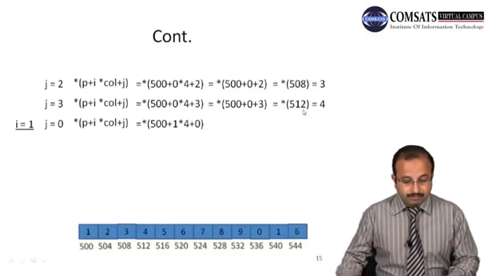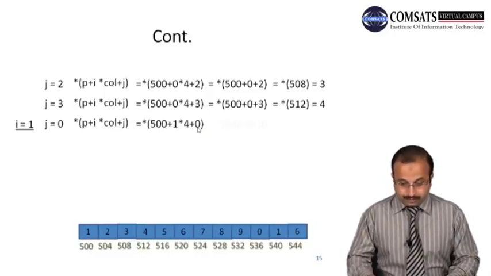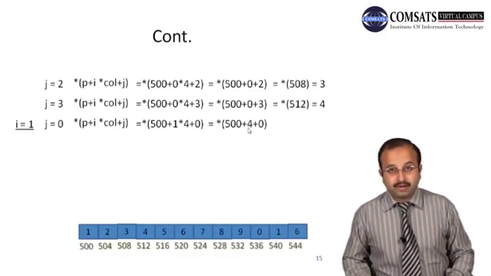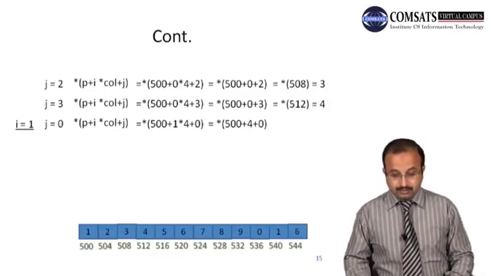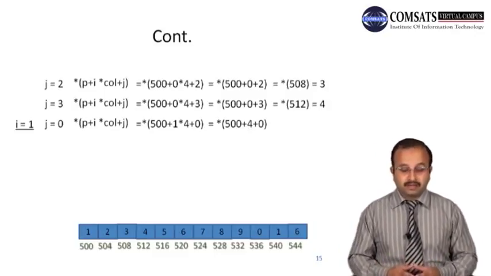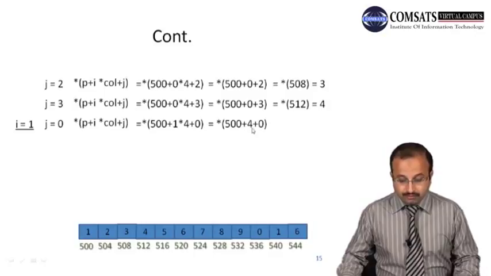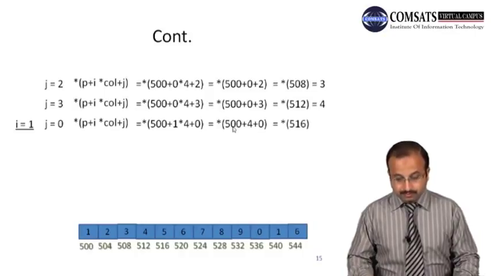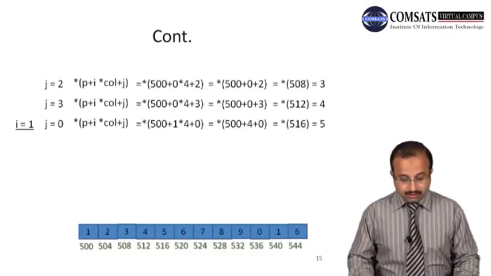Now it becomes 500 plus 1 multiplied by 4 plus 0. So 500 plus 4 is 516. Okay, you have to add 4 integer values. So the memory contained by 4 integers, that is 16 bytes, you have to add in this address. So it becomes 516, and the value is 5.